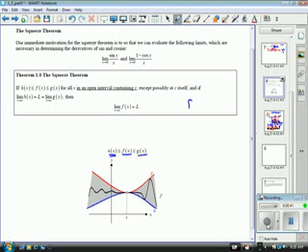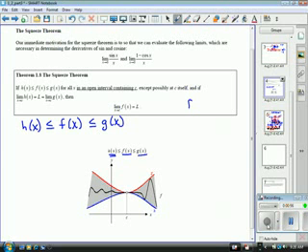And it is this: you have a function h less than a function f less than a function g. That has to be true.